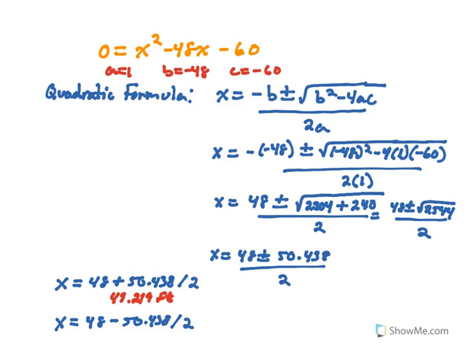And so this is going to be a no, simply because the distance cannot be negative. And that's the reason why I'm going to ignore that answer entirely, and just choose the positive answer instead.